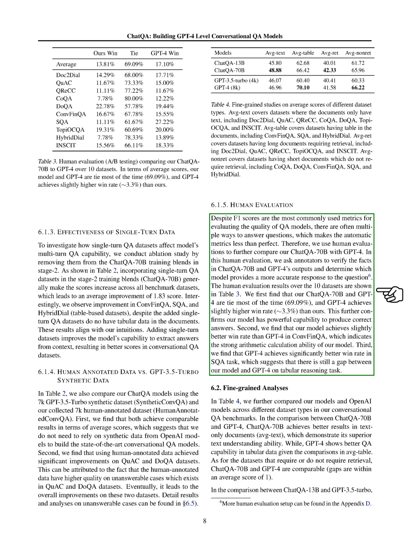The results showed that our ChatQA 70B and GPT-4 were tied most of the time, 69.09%, with GPT-4 having a slightly higher win rate, around 3.3%. This confirms that our model is quite capable of producing correct answers.